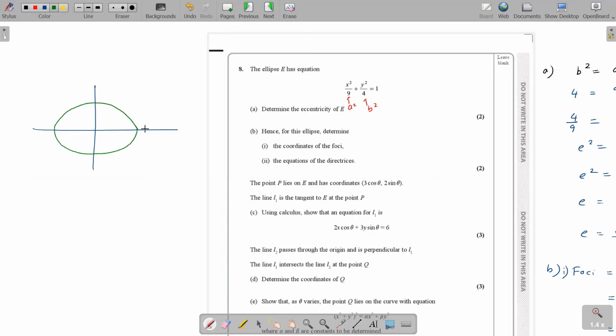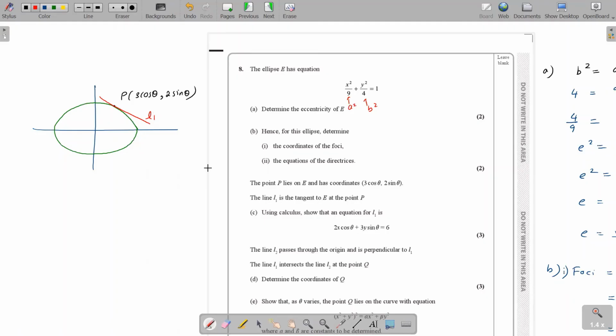They say the point P lies on the ellipse, and the line L1 is the tangent to the ellipse at the point P.